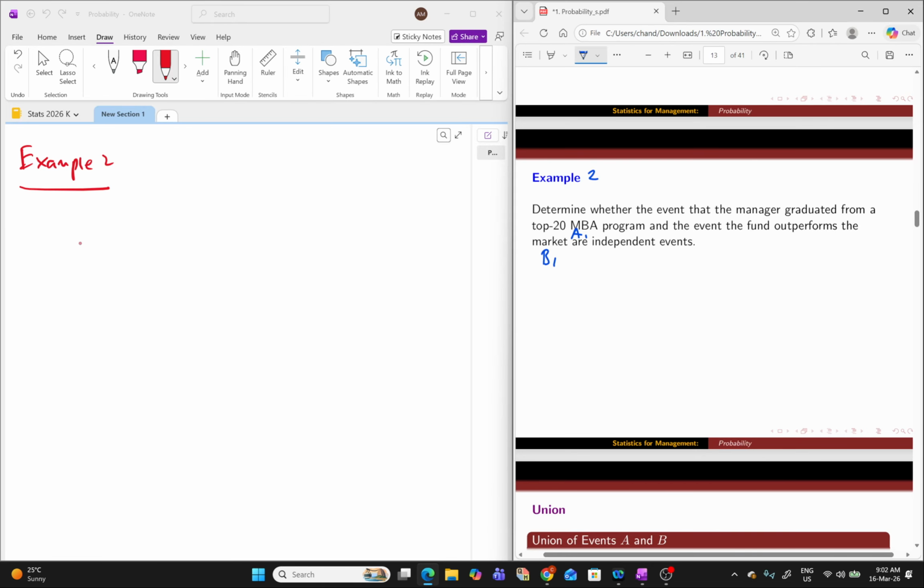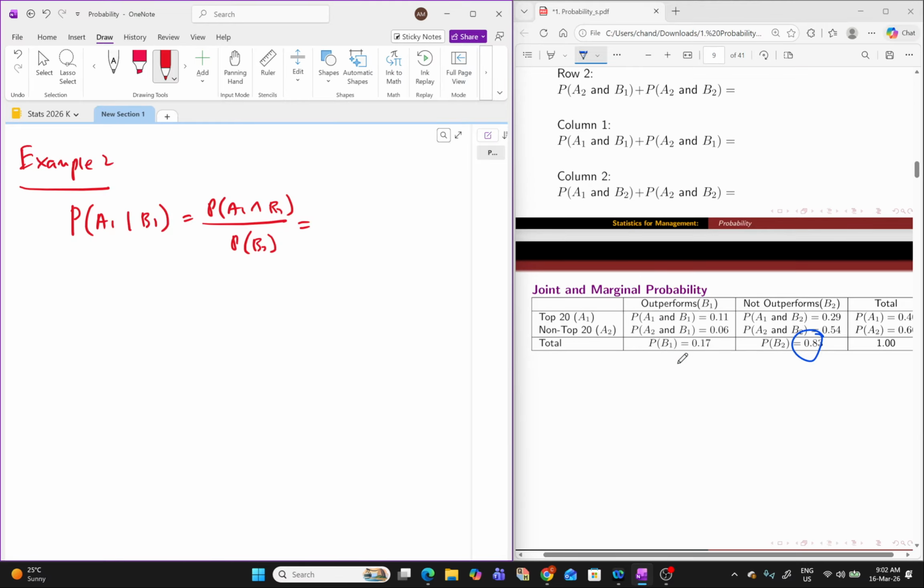So what you can do is find this one. This is the probability of A1 B1 over B1. A1 B1 is 0.11 and this is 0.17, and this will give you 0.647.